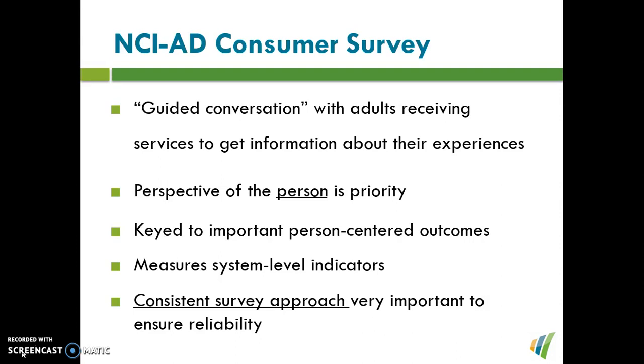So generally you have those questions around choice and control, level of satisfaction with services and supports, etc. And this consistent survey approach is really important to ensuring reliability. So that's why we do these refresher trainings. And it's so important that all surveyors conduct the survey in a similar manner so that the data that states get back is valid and reliable and usable.